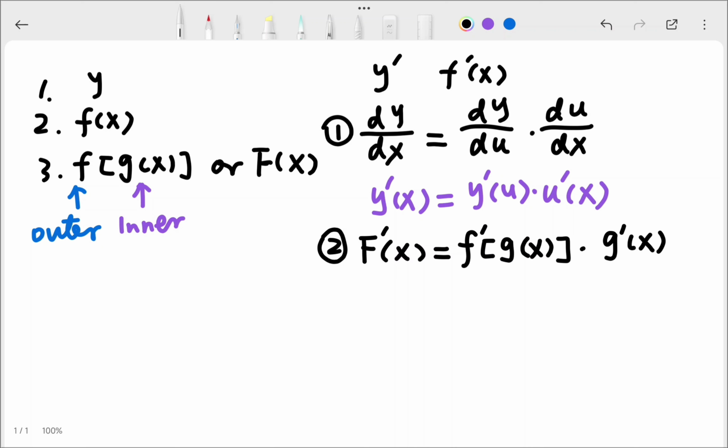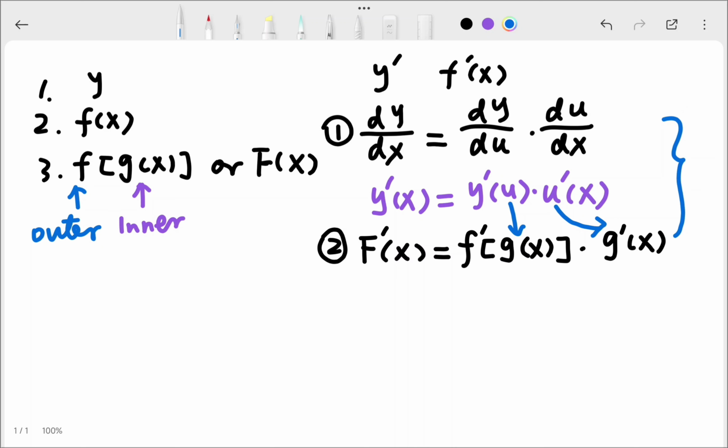When you compare these two formulas, if we use the dash notations, you'll see this u here is the same as g(x). And this tells us ultimately these two formulas are the same.